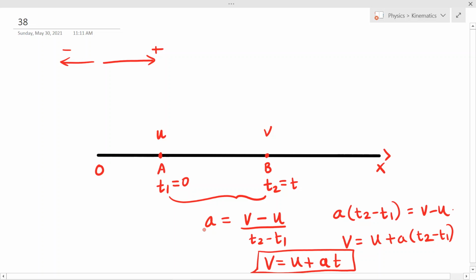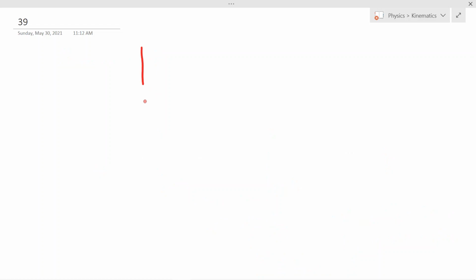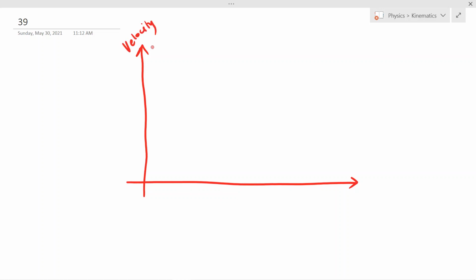Now I can prove this result graphically also. Consider this is the y-axis, this is the x-axis, and this is the axis of velocity, and this is the axis of time. Let's say at time t equal to 0, the velocity of an object is u, and it is moving with uniform acceleration, so it will move like this.